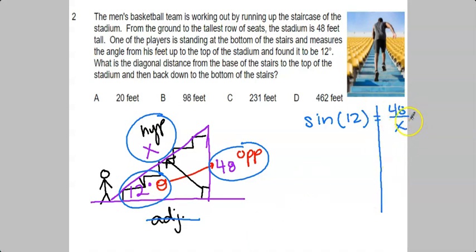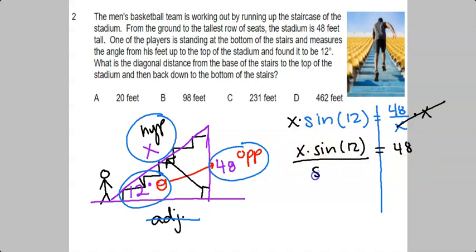Again, we need to get rid of this denominator. So times x times x. So 48 is equal to x times sine of 12 divided by sine of 12.